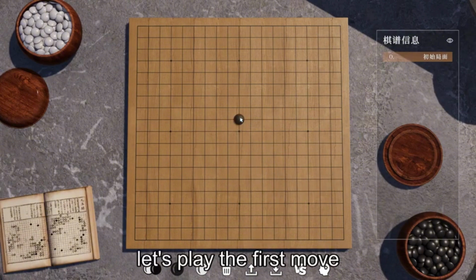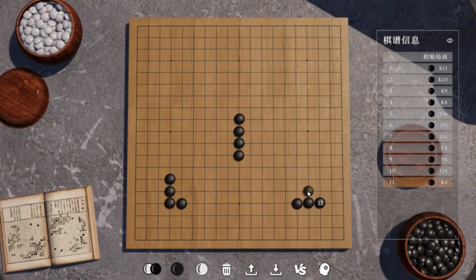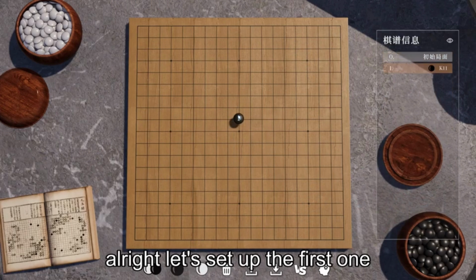Let's play the first move. And then these 5 shapes. Alright, let's set up the first one.